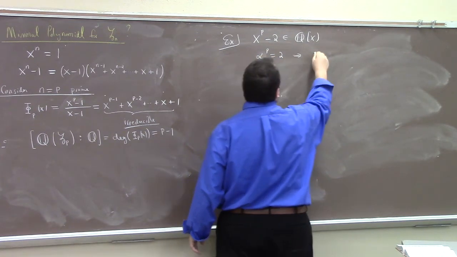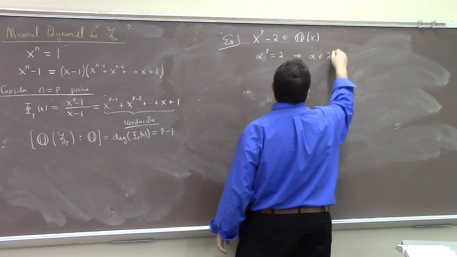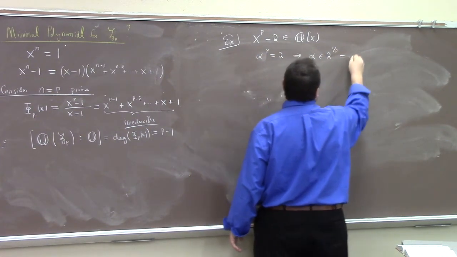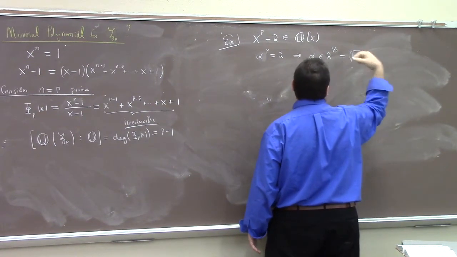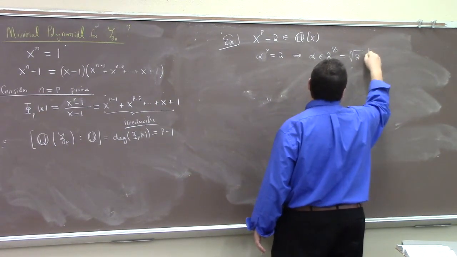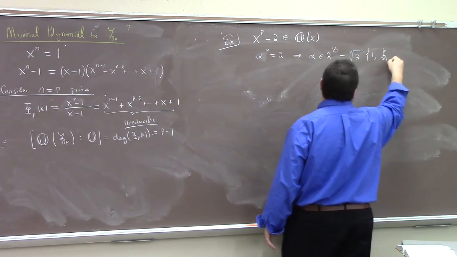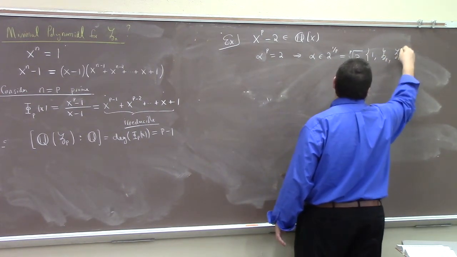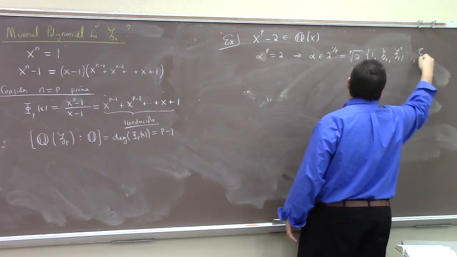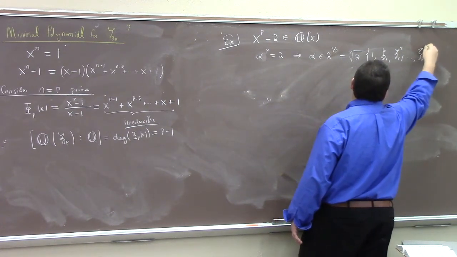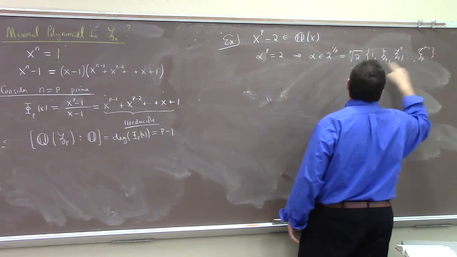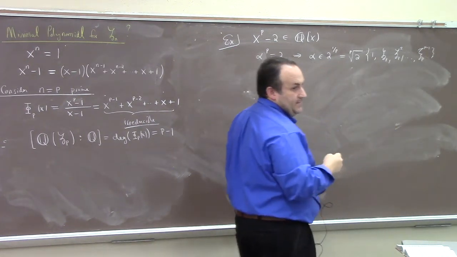So alpha is an element of the pth roots of 2, which is the ordinary garden variety pth root of 2 times 1, zeta p, zeta p squared, up to zeta p to the p minus 1. These are the pth roots of unity.